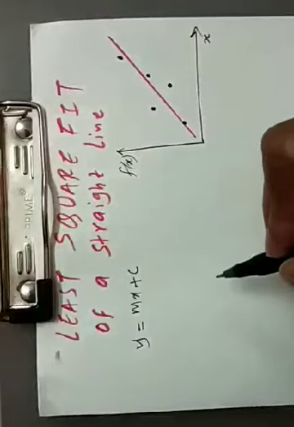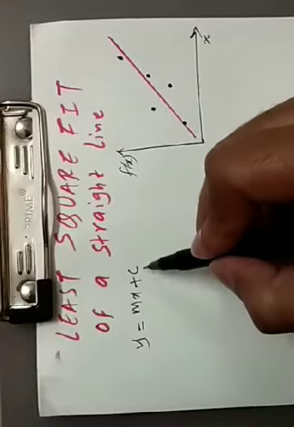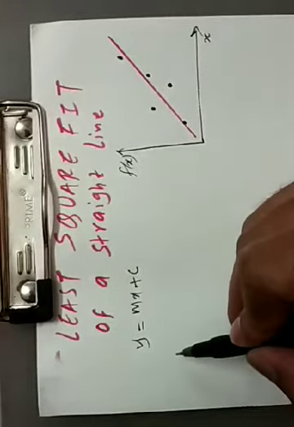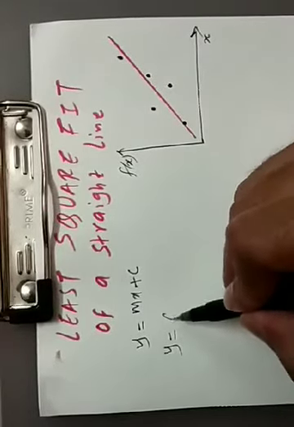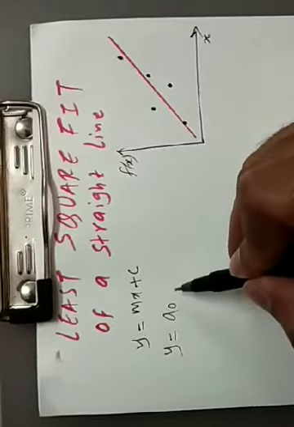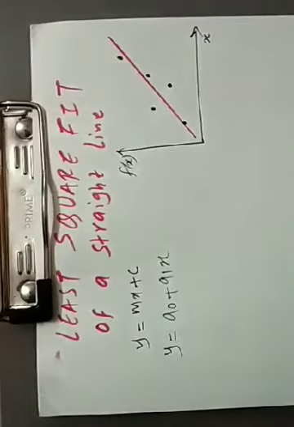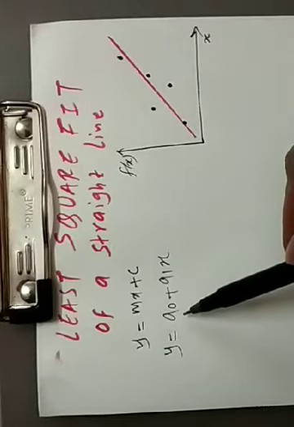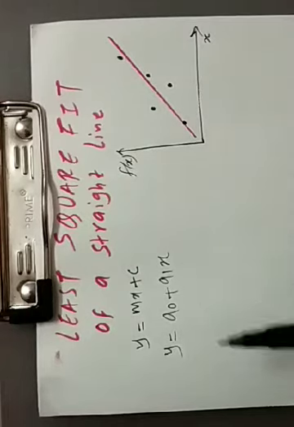You have studied this during your school days, okay, where c is the intercept and m is the slope. Similarly here we will use y is equal to a0 plus a1 x. So a0 is the intercept, and a1 is the slope.